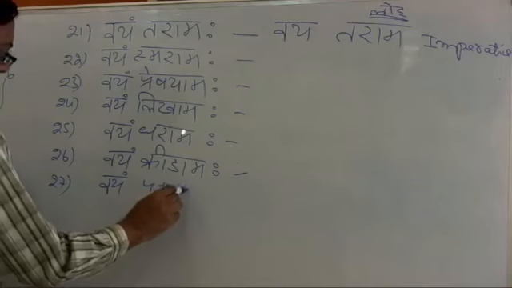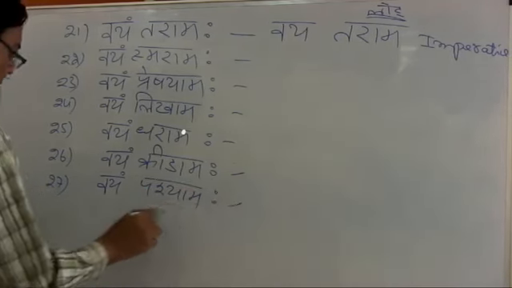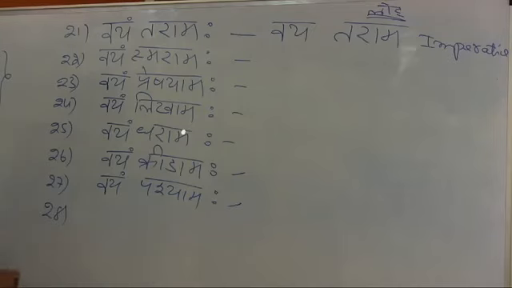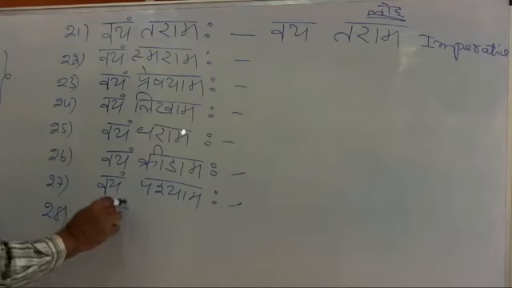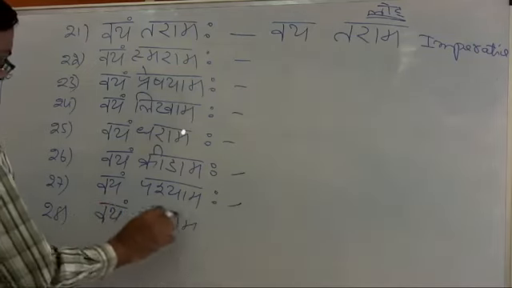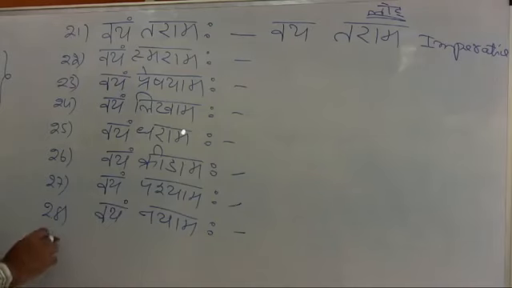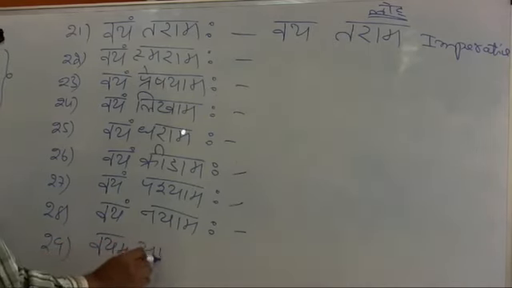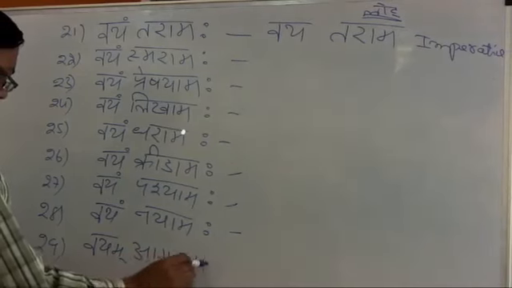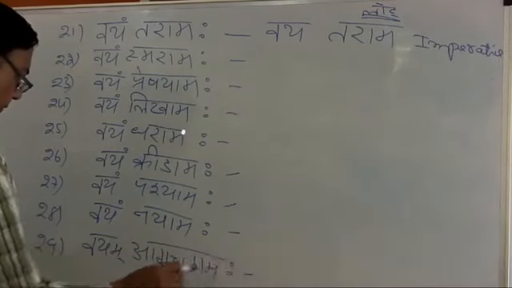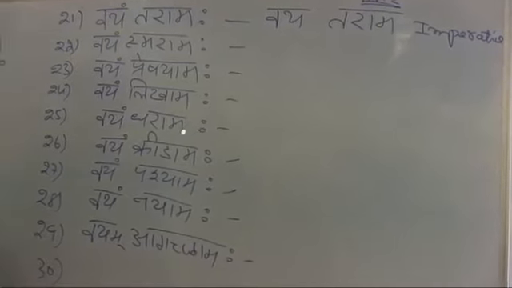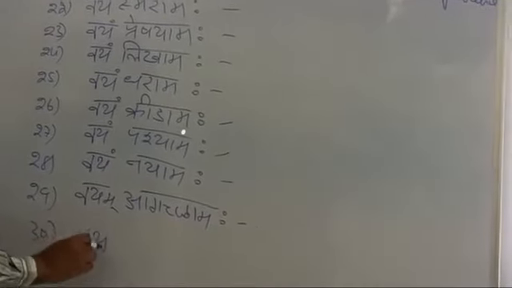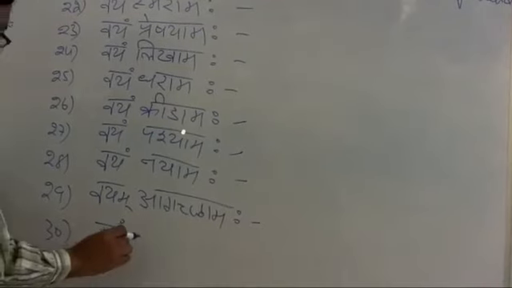The 28th, Vayam nayamaha. The 29th, Vayam agacchamaha. The 30th, the last sentence in this page, Vayam pravishamaha.